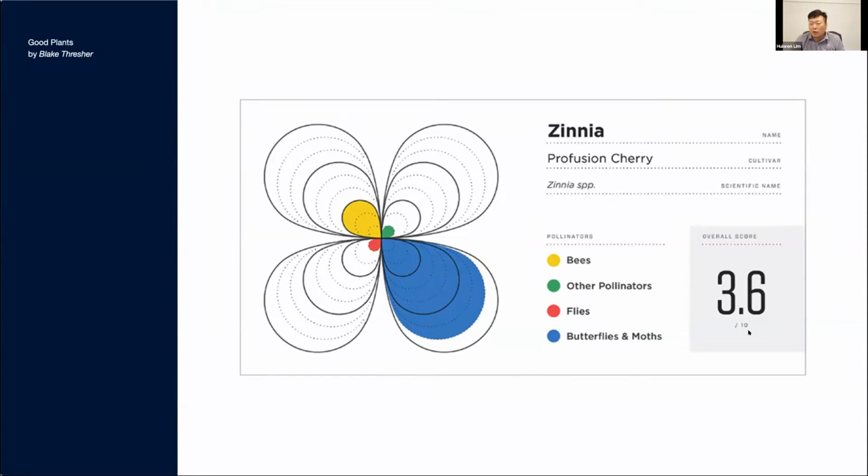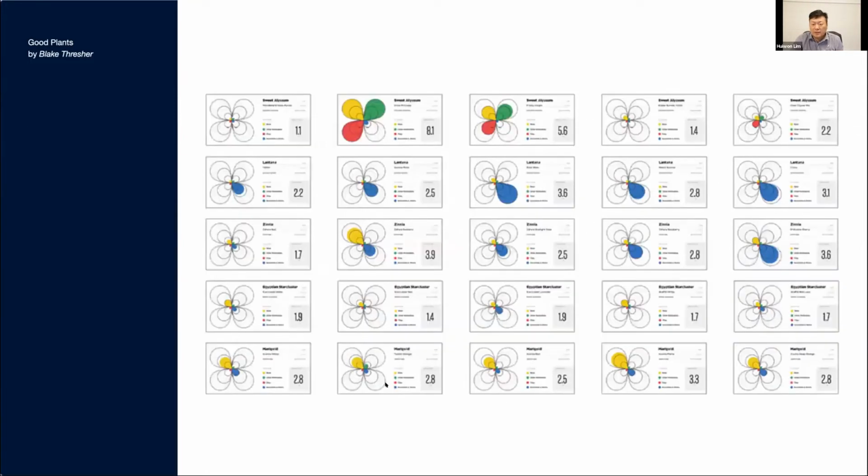So this is the overall scores out of the 10, and the name of the flower and the cultivar and the scientific name and all the legend of how people can read it. So this is all the data visualization he did with a data set.